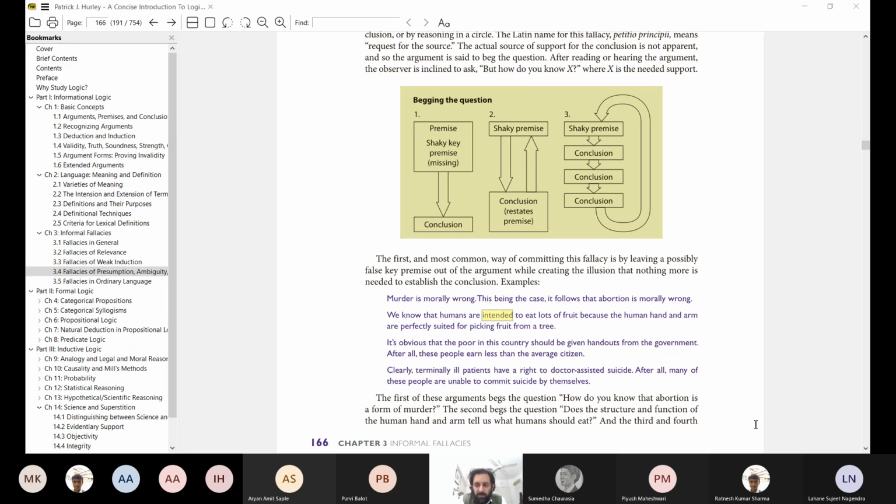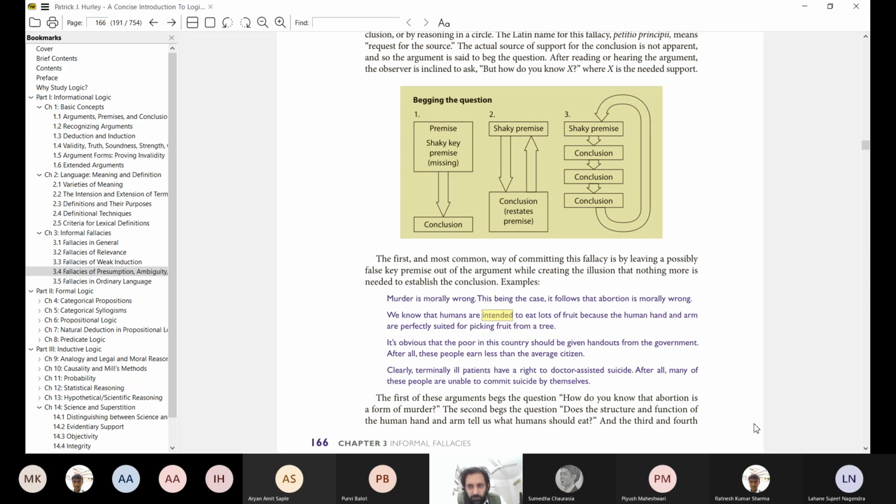Well, if that premise was true, then this would follow. But Aryan's example, where x is the human hand and arm and y is strangling somebody, shows that this premise is false. The answer to this question is no. Does that make sense? Yes, sir.